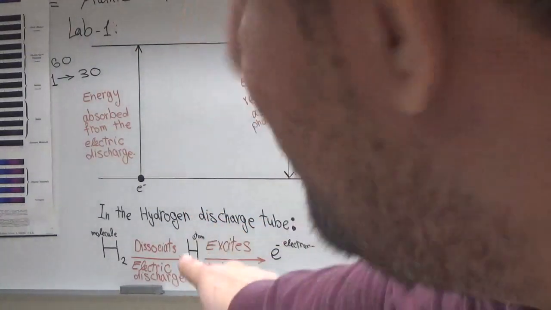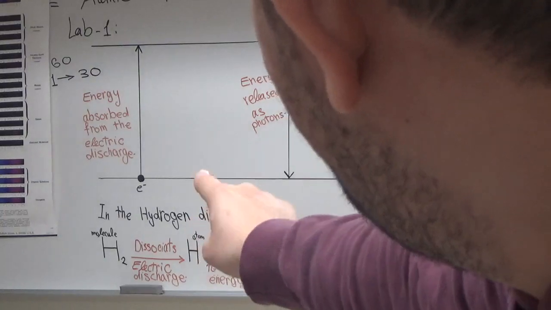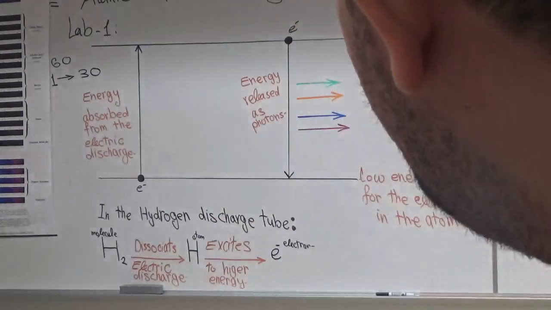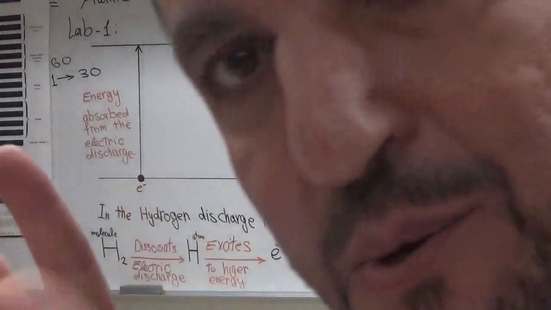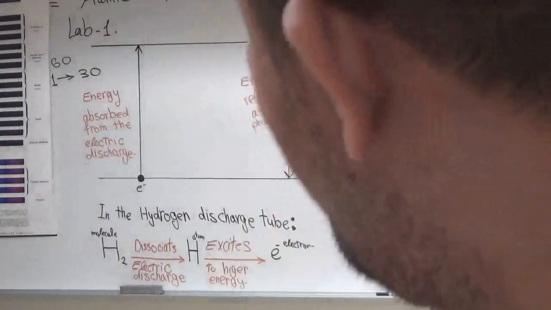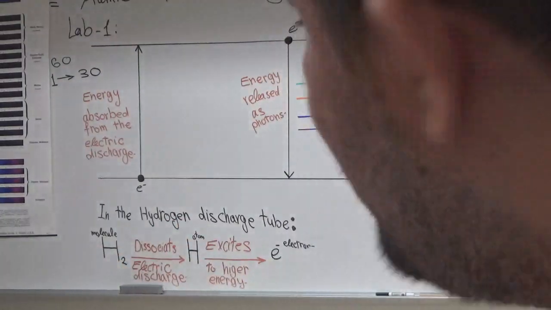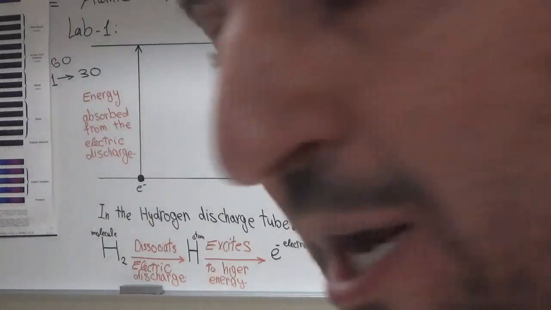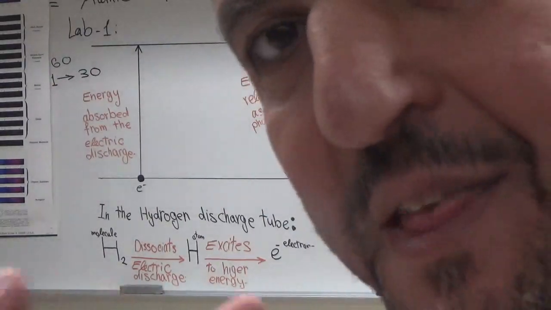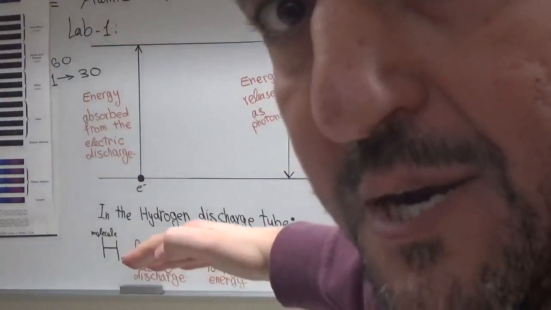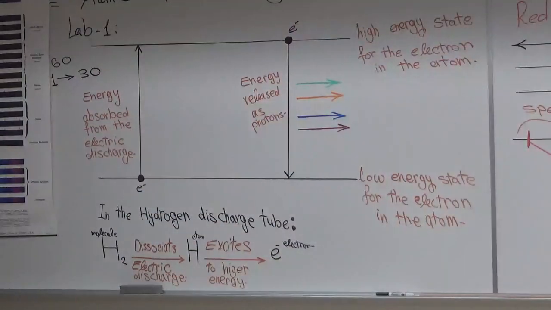The high voltage will dissociate the hydrogen molecule, so we will have two hydrogen atoms. And then that discharging voltage will provide the electron with some energy, which will help the electron jump from lower energy to higher energy.